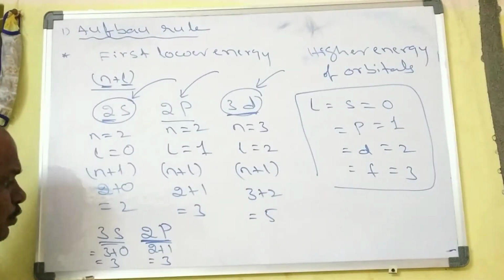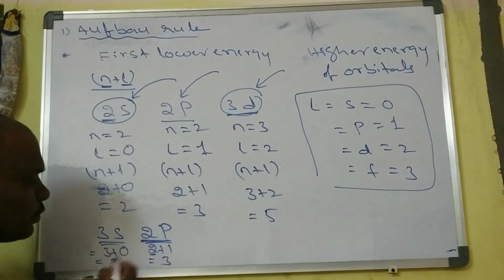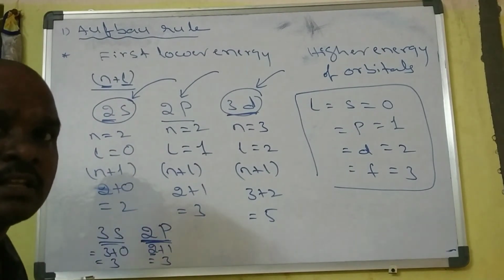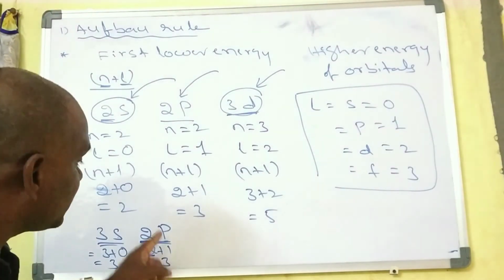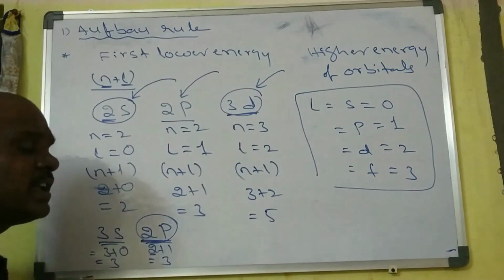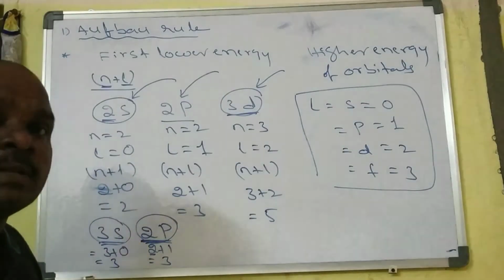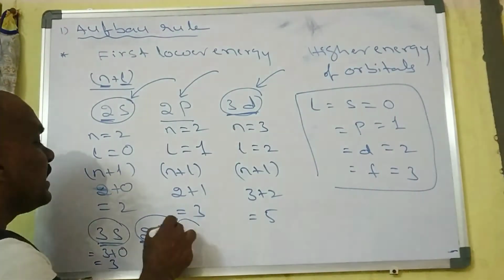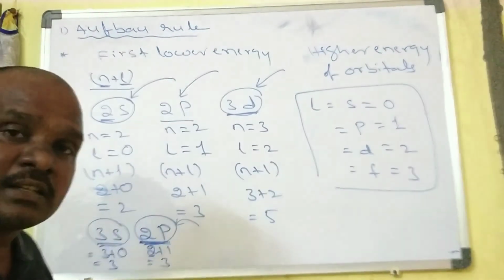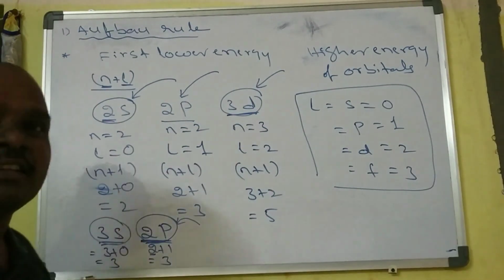So the 2p orbital has lower energy and the 3s orbital has higher energy. That's why the electrons enter into the 2p orbital first and the 3s orbital next.